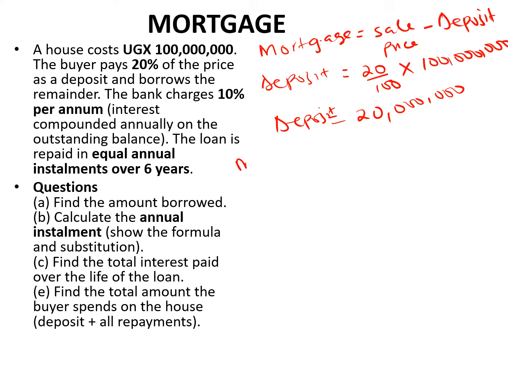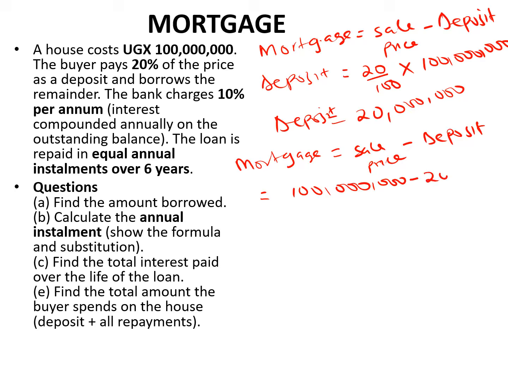So we say that mortgage, the amount borrowed, will be equal to sale price minus deposit. And then here we shall have our sale price, which is 100 millions, then minus 20 millions.